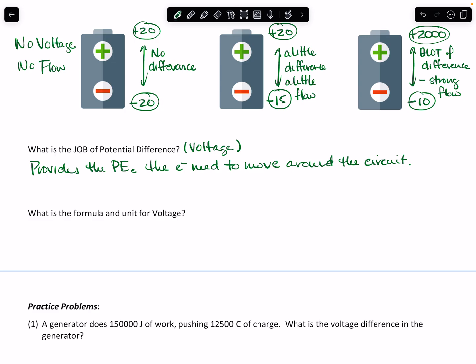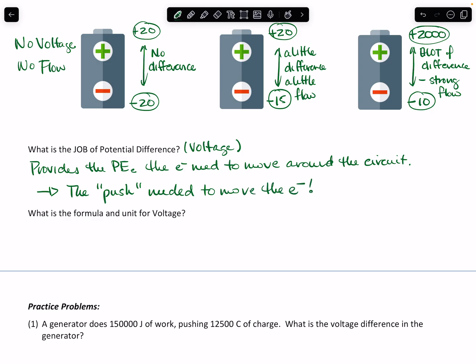That's going to provide 1.5 joules of energy to every coulomb of charge that you're trying to move. If you swap that out for a 9 volt battery, that battery is going to provide 9 joules of energy to every coulomb. So the higher the voltage, the more energy the electrons are going to gain. You can also think of this as the push needed to move the electrons.